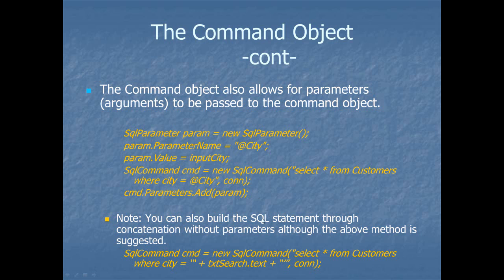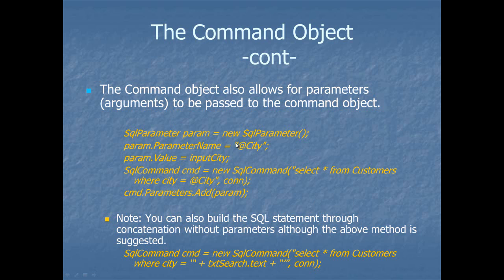In the old days, I would have used this bottom method down here of concatenation, but this concatenation method we see at the bottom here opens the door to SQL injection. You can't use this method. If you do, you're going to cause some major problems for your application, and it would be very easy to hack it. So what I'm doing now is going back in and saying I want to select all the customers from a particular city.